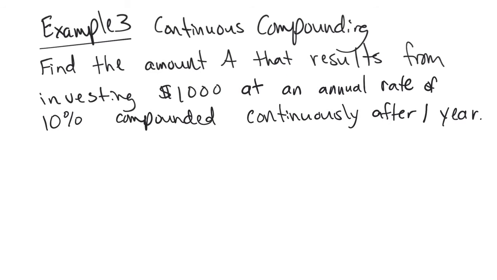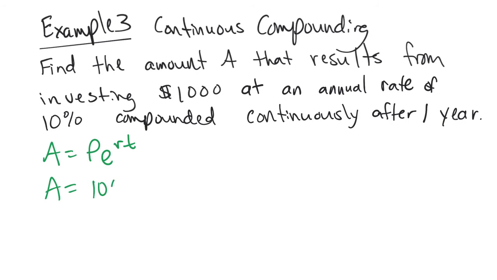All right, example 3 is an example of continuous compounding. So we want to find the amount A that results from investing $1,000 at an annual rate of 10% compounded continuously after 1 year. So if it's continuous compounding, we know we're going to use the formula A equals P E to the RT. So start plugging stuff in.